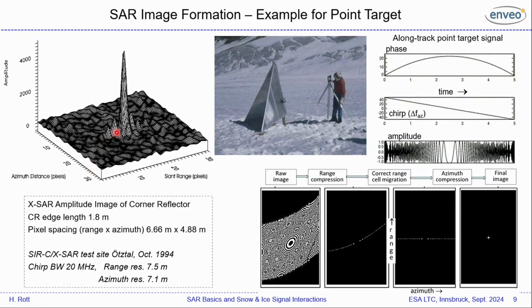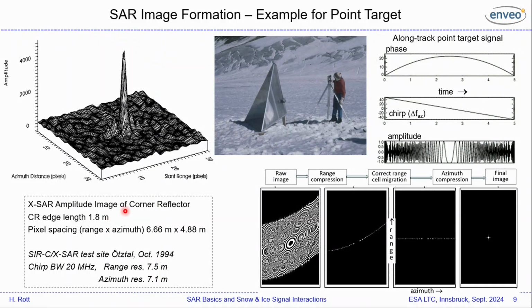And you see here, after compression, there are still side lobes, for example here in slant range and also in azimuth. So it cannot be 100% perfect, but there's a difference on the order of 25 dB between the side lobes and the main peak. The edge length was 1.8 meter.